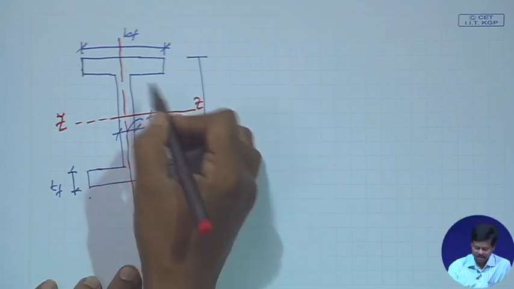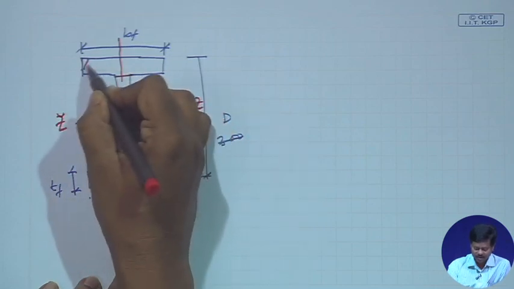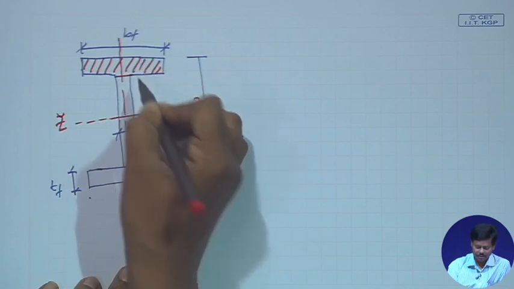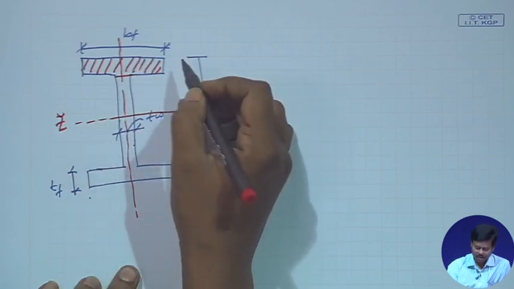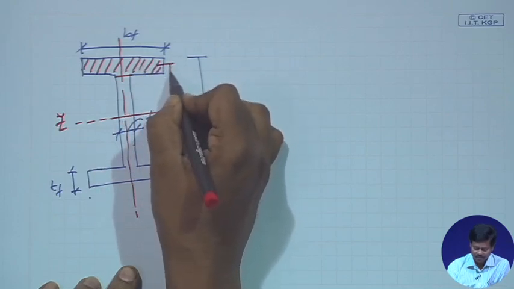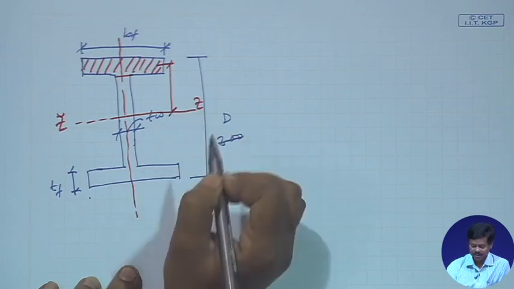Plastic section modulus means first we have to find the section modulus of this flange. That will be the area of this flange into its CG distance from the neutral axis.